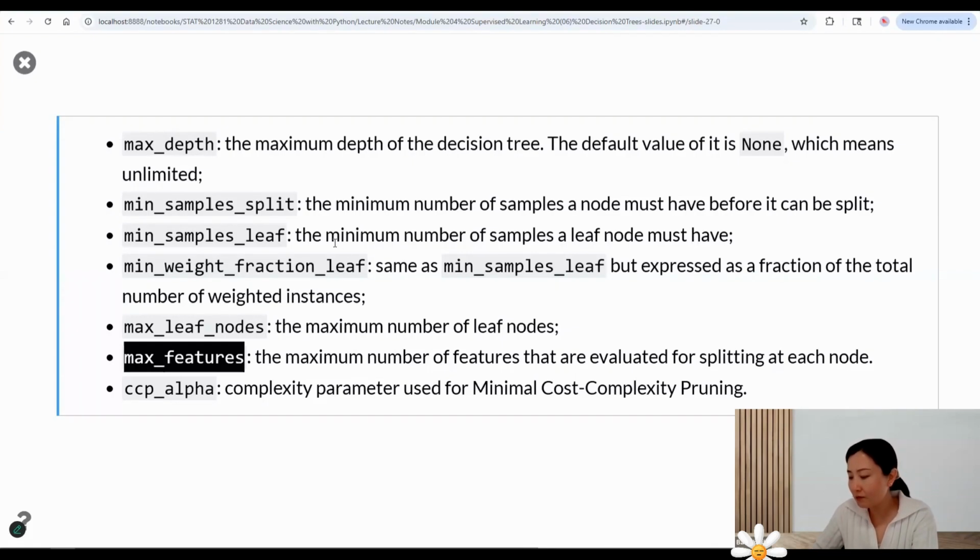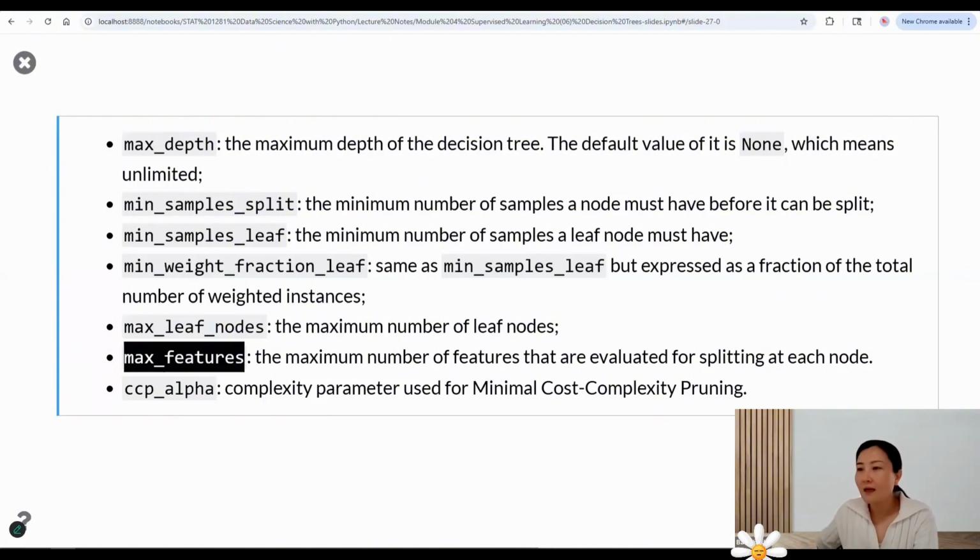Usually, if we don't set it, it will use all of the variables in the features matrix to do each split. It will choose the best one among all the variables. However, if you set it to be, for example, 3, then at each node, it will randomly choose 3 variables first. And then among these 3, it will choose the best one to do the split.